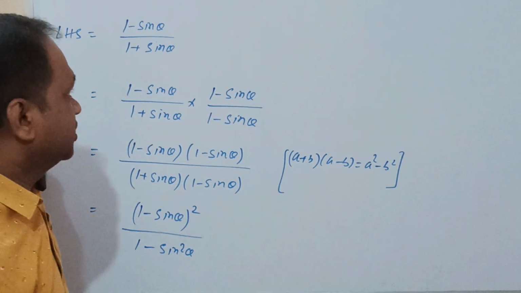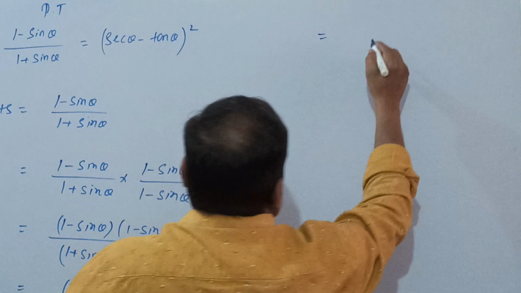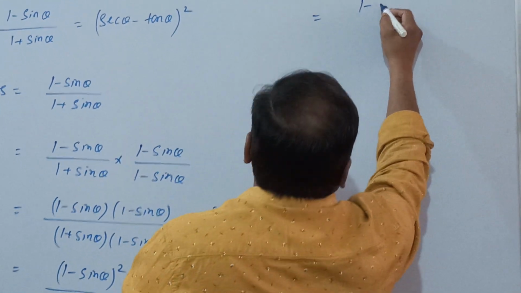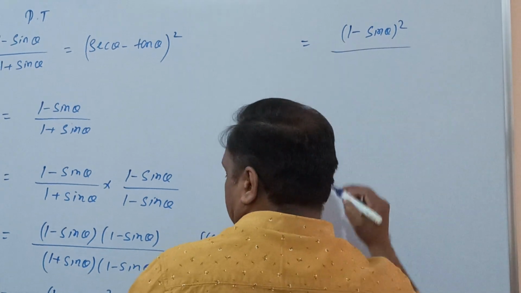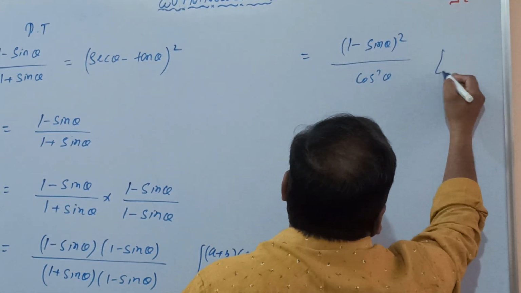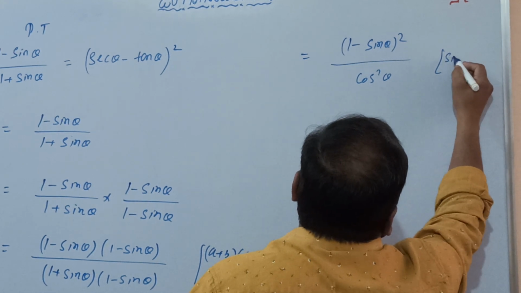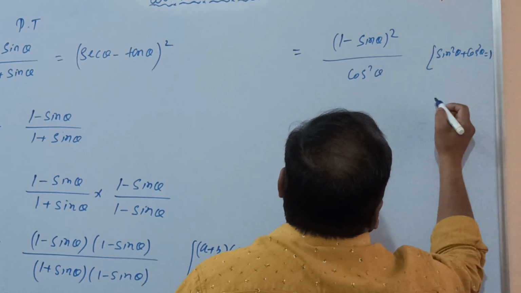So 1 minus sin square theta is equal to cos square theta. Here (1 minus sin theta) whole square divided by cos square theta. That is the identity once again: sin square theta plus cos square theta is equal to 1.